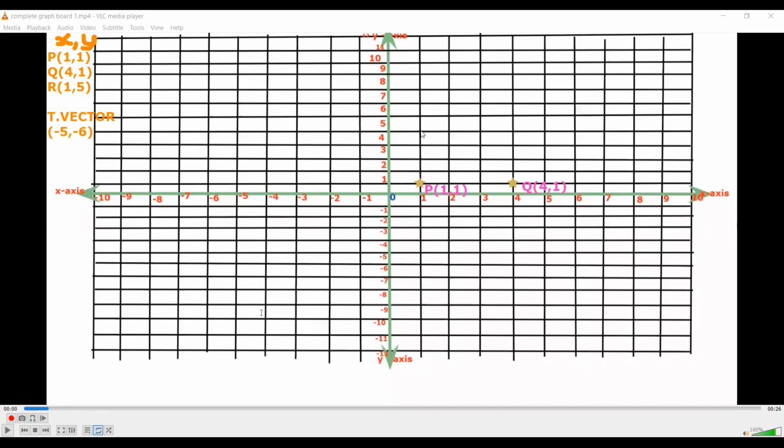And that will be the 1 and 5 here. Okay, so that is +1 and 5. Let me label the point here. Point R formed by +1 and then +5.